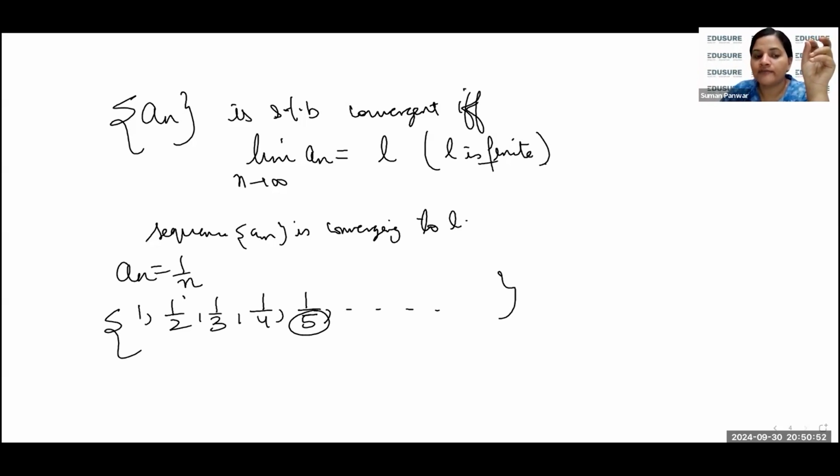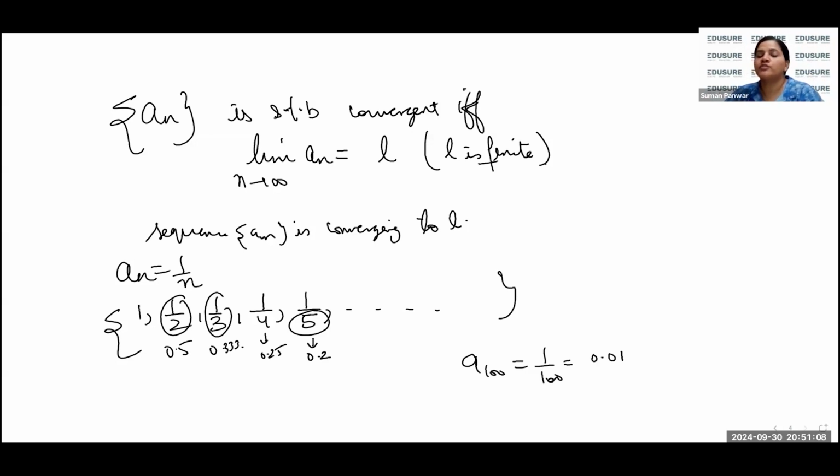Half is 0.5, 1 by 3 is 0.3333, 1 by 4 is 0.25, 1 by 5 is 0.2. For example, when n is 100, it will be 1 upon 100, which is 0.01. Then for 1,000, it is going to be 1 upon 1,000, which is 0.001. So as n is increasing, an is becoming smaller and smaller.